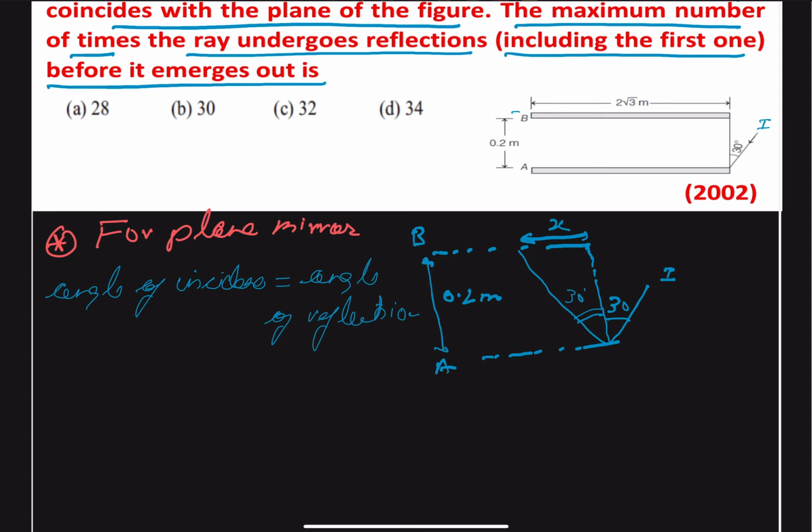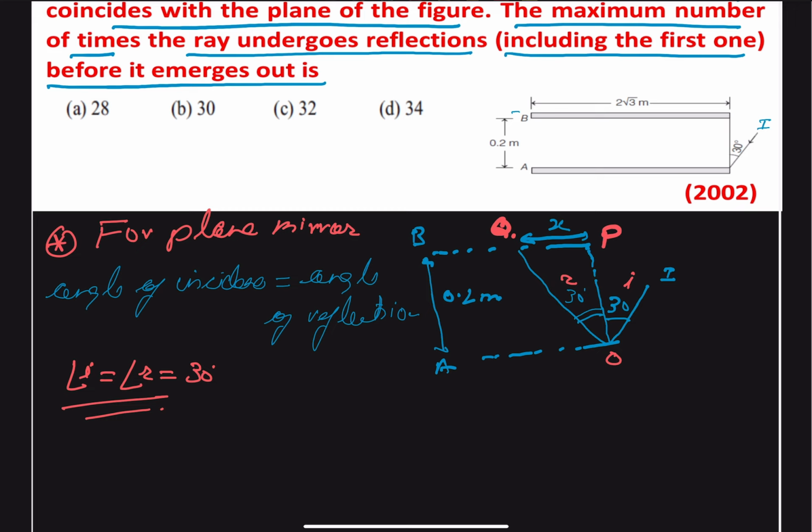Let us suppose the angle of incidence is given as I, and the angle of reflection is R. So we can write that angle I is equal to angle R and is equal to 30 degrees. Let us call this point O, this is our P, and let us call this Q.